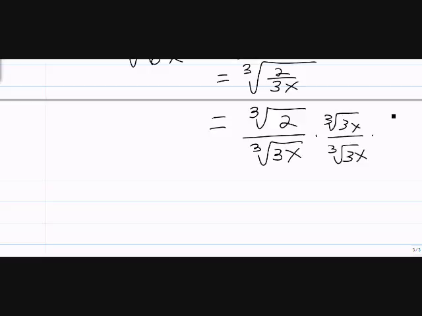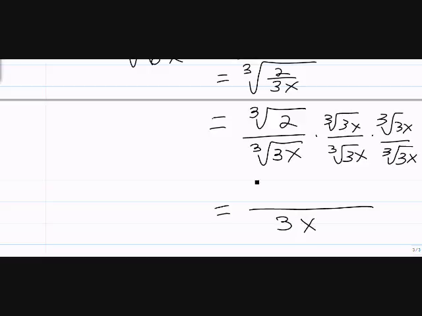I need to do it one more time. Because it's a cube root, I got to get a triple, 3 times 3 times 3. If it's the fourth root, you got to do it one more time. The cube root of x times x times x is x.